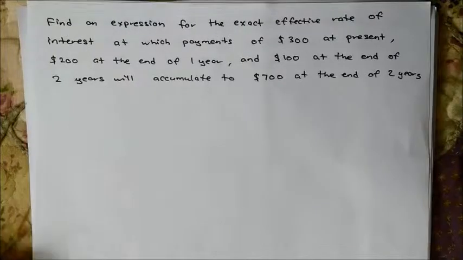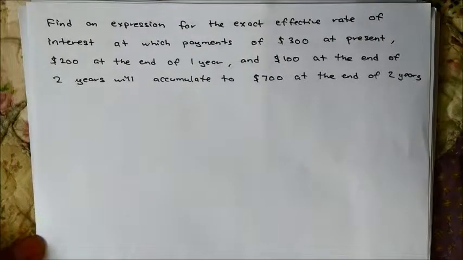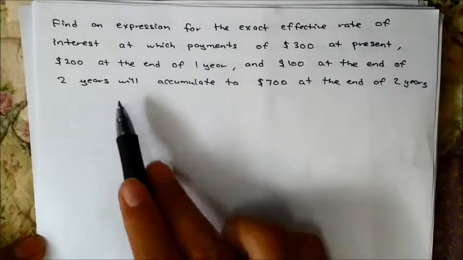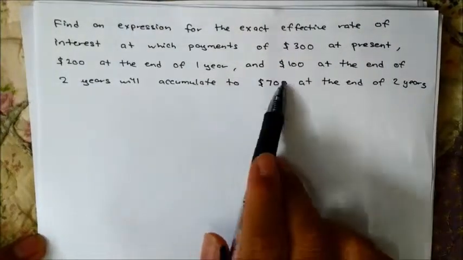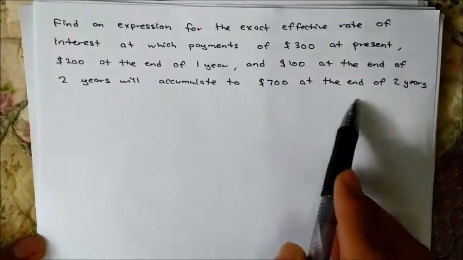Find an expression for the exact effective rate of interest at which payments of $300 at present, $200 at the end of 1 year, and $100 at the end of 2 years will accumulate to $700 at the end of 2 years.